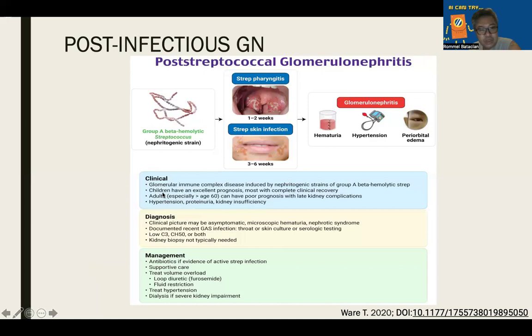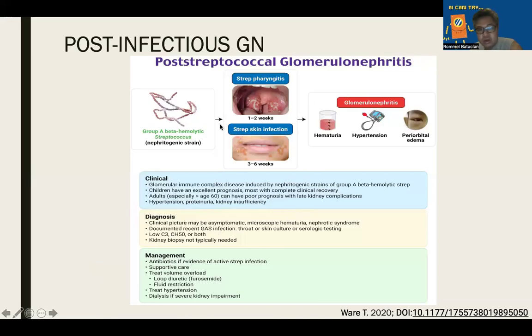While it's more common in children, they have excellent prognosis, most with complete clinical recovery. Again, they would present also with nephrotic syndrome, hypertension, proteinuria, and azotemia, indicating kidney insufficiency. It could be asymptomatic, but again, marked edema can be present as well with microscopic hematuria on routine urinalysis.